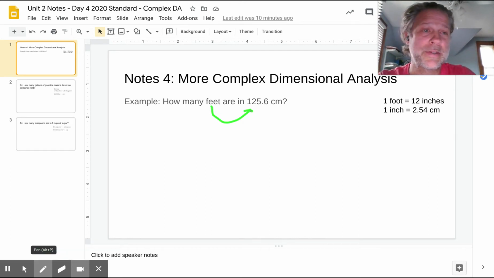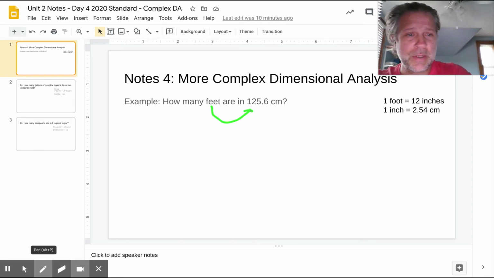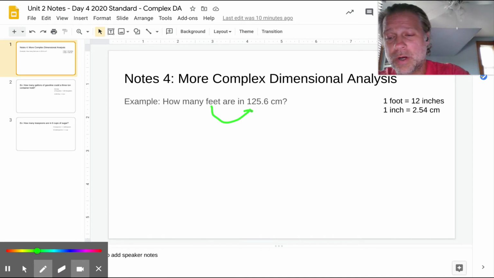I'm sure there's one that exists, but I have never learned it. But I do know that 1 foot has 12 inches, and I also am aware that in 1 inch, you could find 2.54 centimeters. So these are the relationships that we're going to use today.